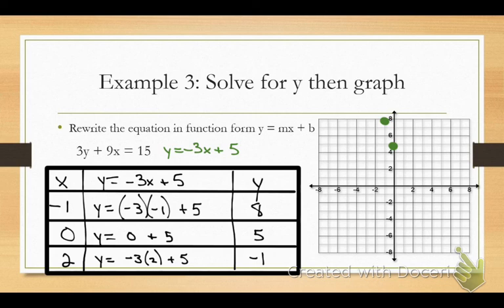And then 2, negative 1. All right, and we draw our line. And we have officially graphed a linear equation. So lots of graphing today. You can definitely expect that on your next quiz. And if you understand that, that's everything you need to know for section 4.1.